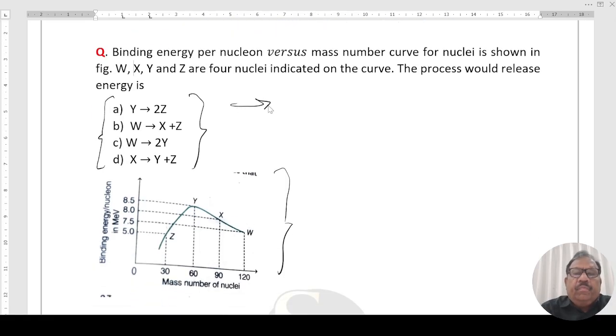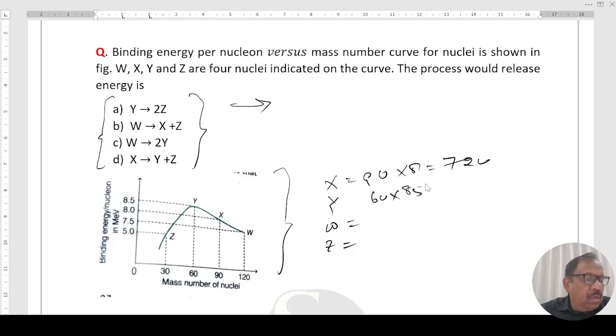First option. Find the value for X, find the value for Y, find the value for W, and find the value for Z. The value of X is 90 into 8, that is 720. The value of Y is 60 into 8.5, that is 510.